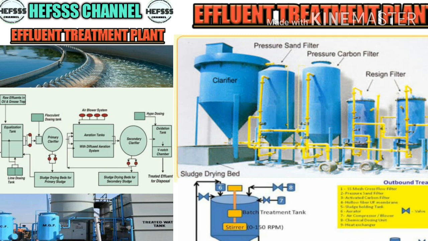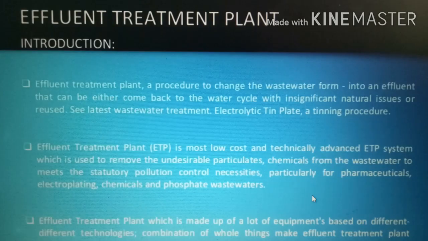Physical, chemical and biological processes are used to remove contaminants and produce treated wastewater that is safe enough for release into the environment. So initially we are discussing effluent treatment plant design and operations of wastewater.